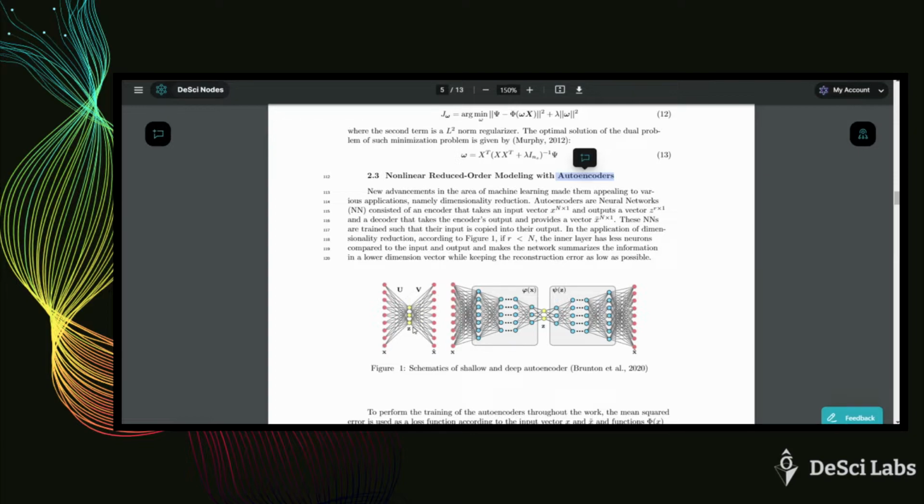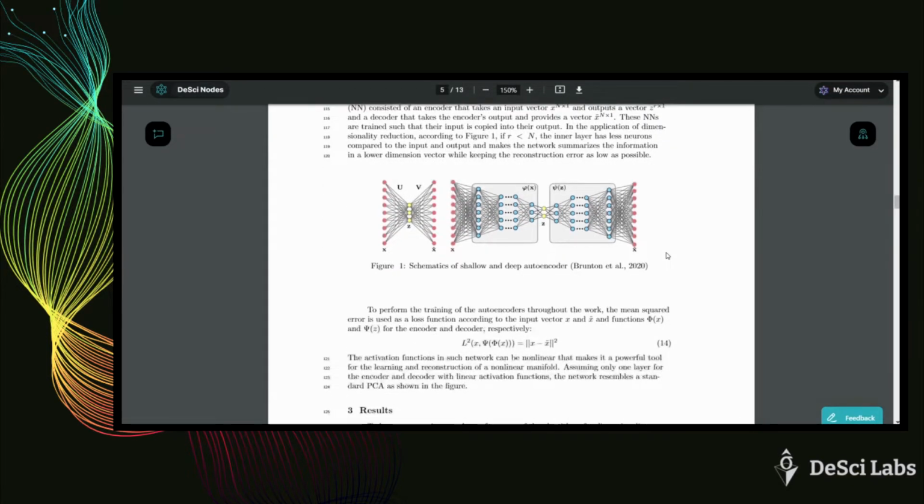The algorithm would be the same; the method is completely different, but the result would be the same. For the training of the network, we use this L2 norm to find the best weights in this structure.